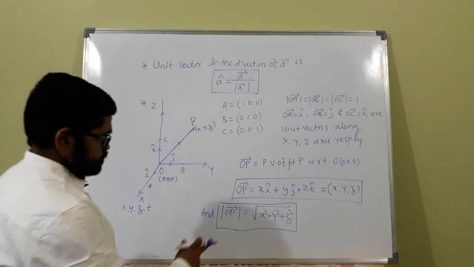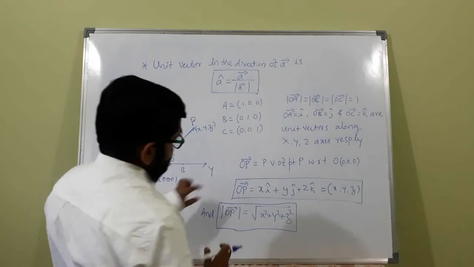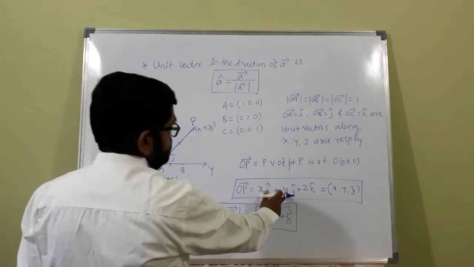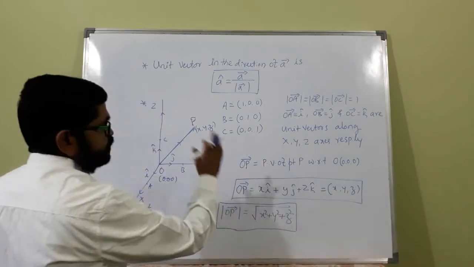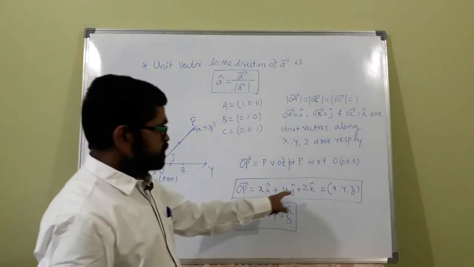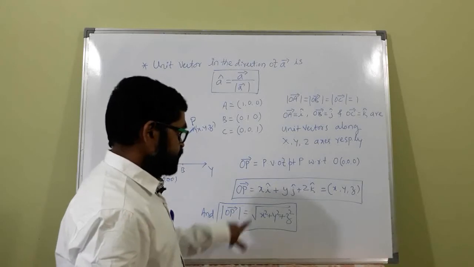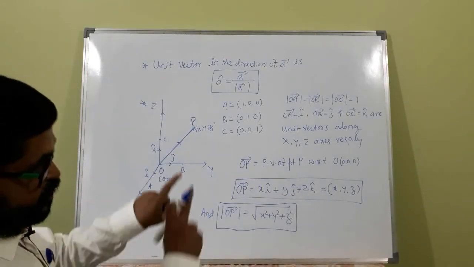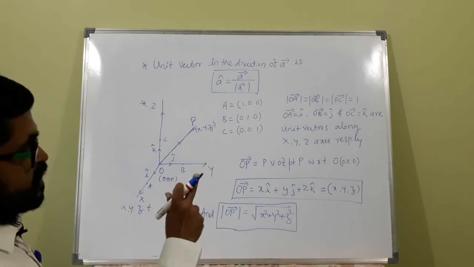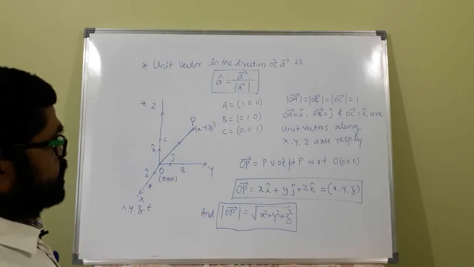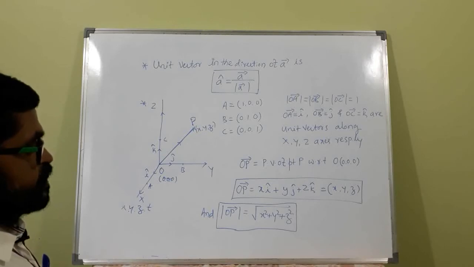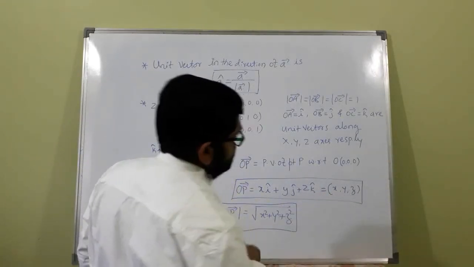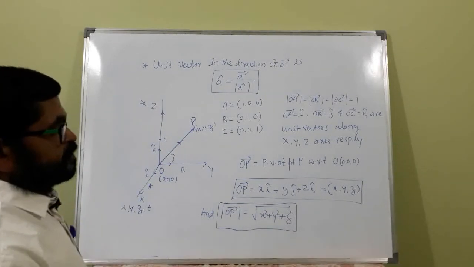See here, this is a vector representation in component form. xi, yj and zk are the components of vector A. xi, yj, zk are vector components, whereas x, y, z are scalar components. If you don't put the bracket, that means scalar components of the vector OP. You got it? If you use this type of notation, your computations will be easier.